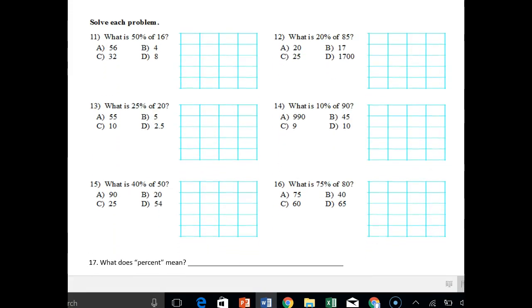So this is what we were working with today in class, the percent of. Remember, percent of means you want to multiply, right? So what is 50% of 16? So we'll take 16 and we just want times 0.50. So remember, turn the percent into a decimal by going once, twice.